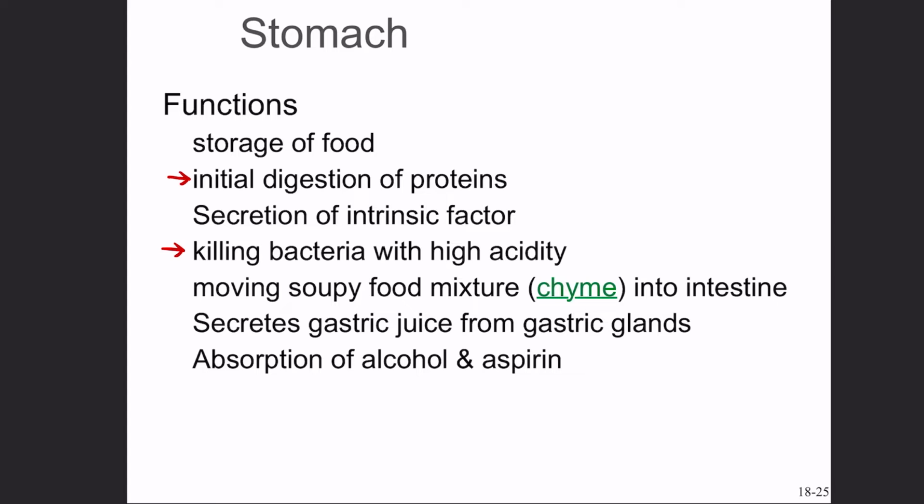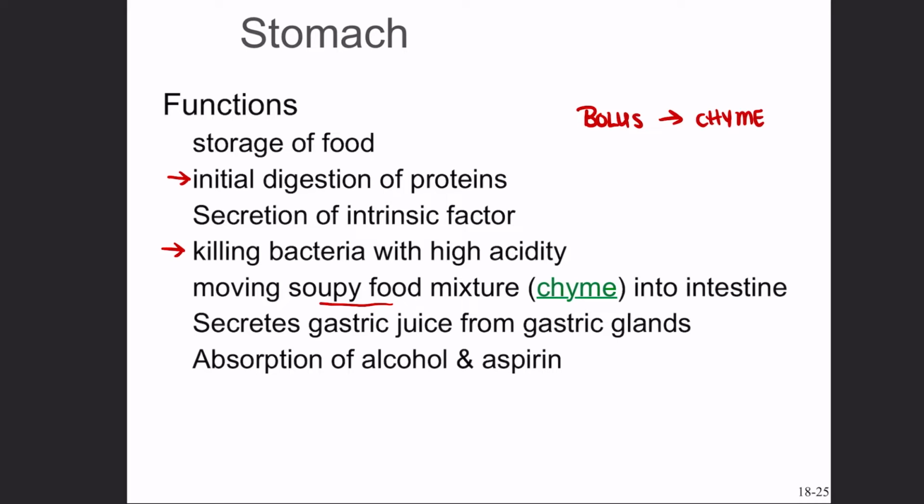It can digest all foods even further because of the high acidity as well. And from here, it changes from a bolus to chyme because it becomes this soupy mixture which is going to go into the intestine.